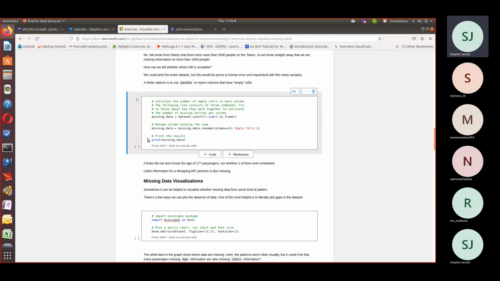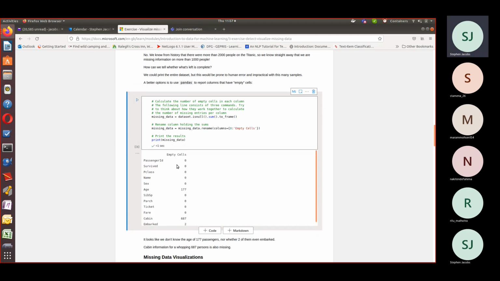In our print missing data, we'll print off our empty cells. There we go. So the empty cells we've got: no missing IDs. We've got 177 missing ages and 687 cabins.